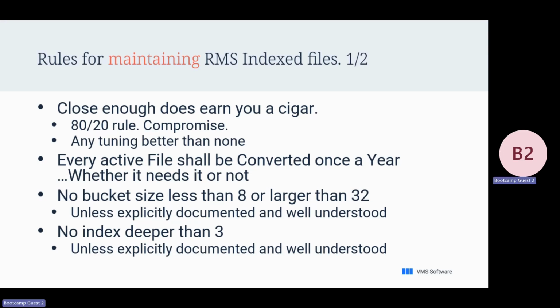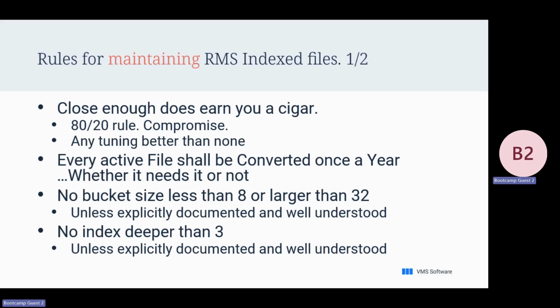Is any tuning better than none? Yes. These are the simple things, like just make file extents be 2000 blocks for everybody all the time, anywhere. Make RMS buffers be 50 buffers no matter what, because we used to have only 2 or 3 buffers because memory was expensive, right? Not anymore.